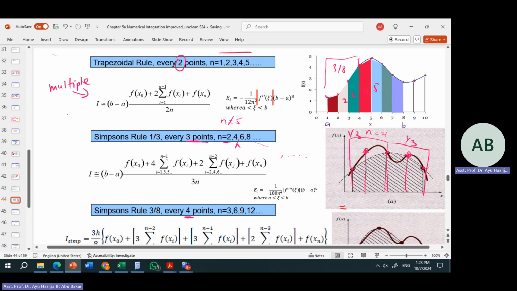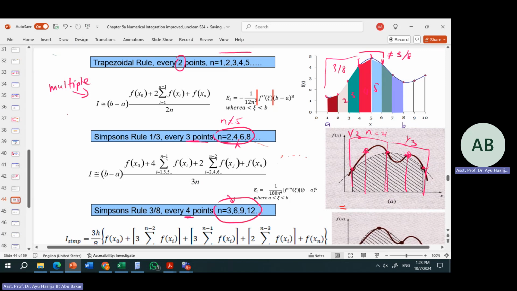If n equals 5, the first part you can use 3/8, but the next 3 points are not enough to use 3/8. This one cannot use 3/8. So that's why n equals 5 is not included here, because Simpson's 3/8 requires minimum 4 points every time. Now you should understand the n over here.